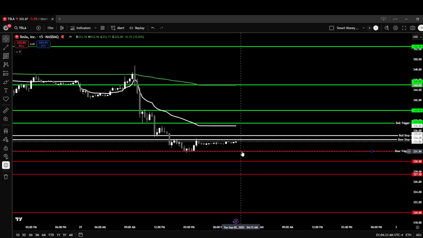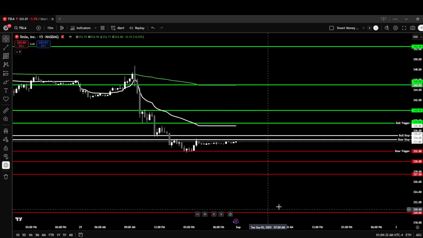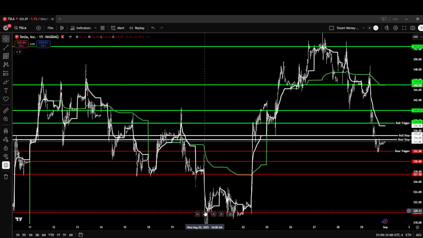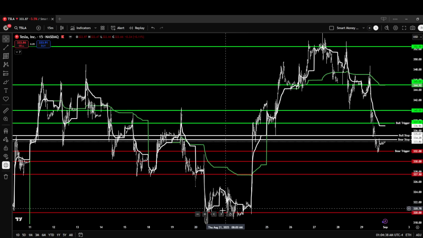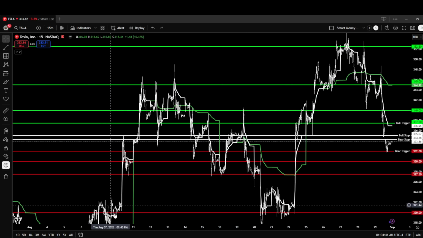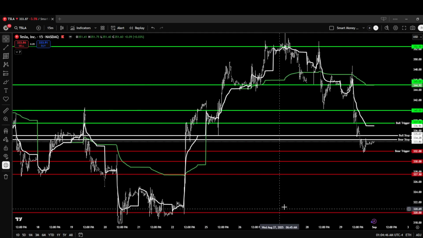Closing 3, 5, 15-minute candles below the bear trigger, below 332, can lead to first target of 330. Beyond that, we have 327.50, and then a full flush would bring us back down to 330, which you can see there was a lot of buying pressure that happened there as we built a shelf previously over here August 7th and August 20th, right? So there's been a lot in that area.